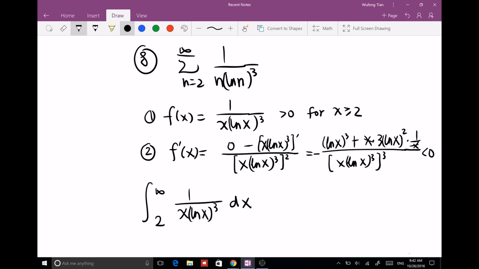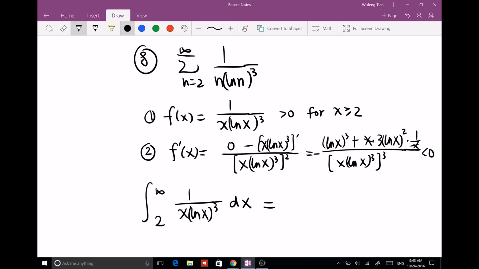So you have a negative in front of it. The derivative of this is positive, but with the negative sign the first derivative is negative, so it is decreasing. Okay. Then we take the antiderivative from 2 to infinity of 1 over x ln x cubed.